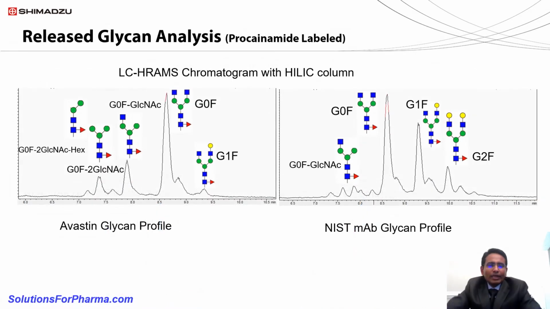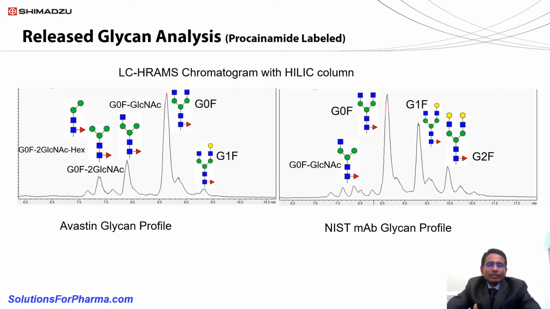To make the study complete, we also needed to do the released glycan analysis. After releasing the glycans, they need to be dyed with procainamide. That procainamide helped enhance fluorescence detectability.